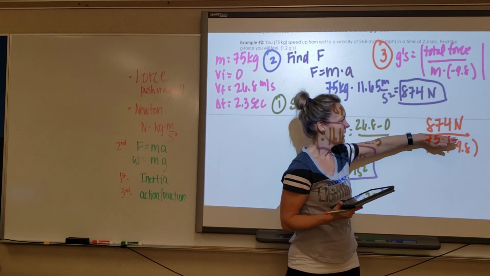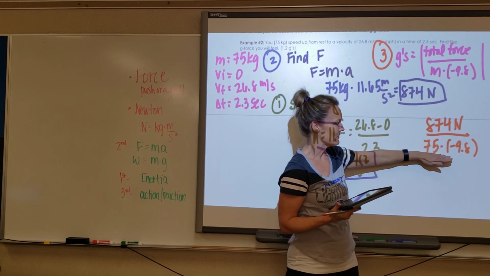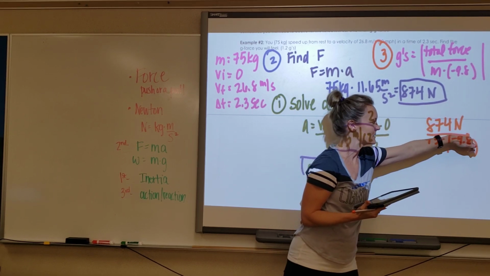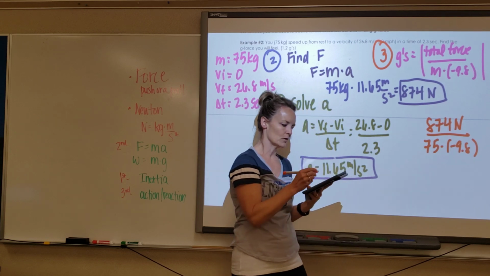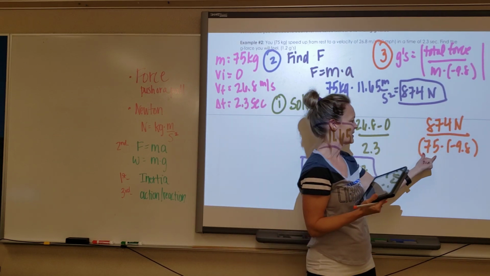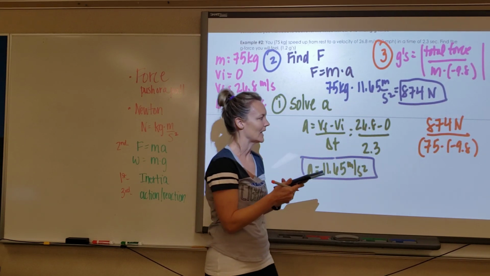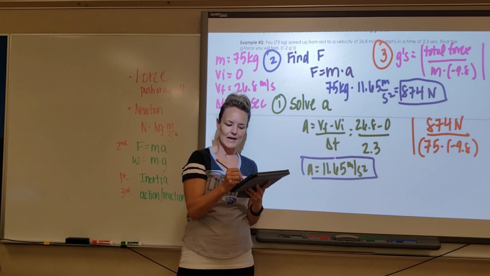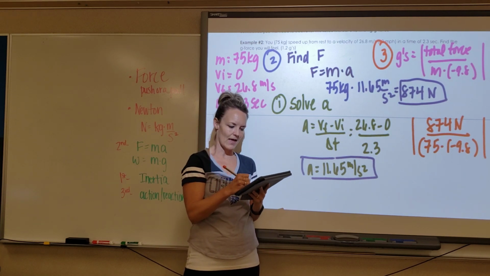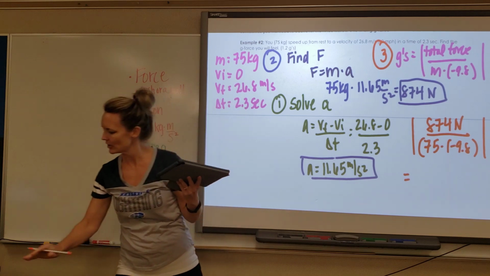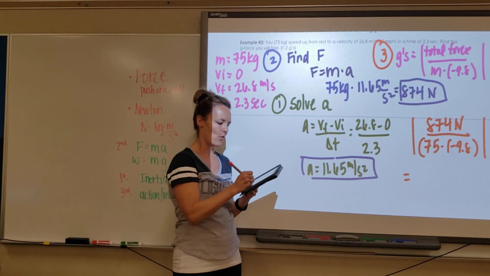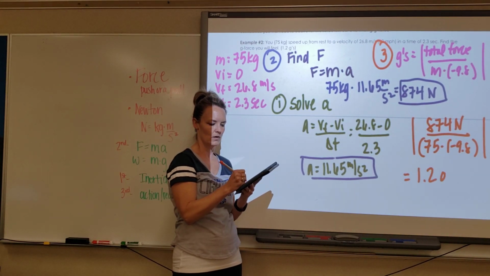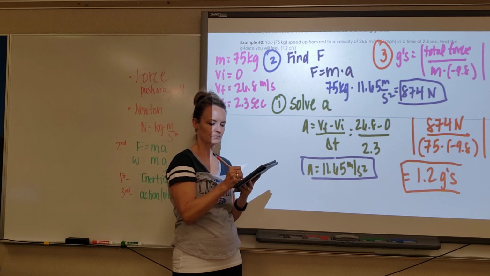Type this in. You take 874 divided by, in parentheses in your calculator, you need to put the parentheses around the 75 times negative 9.8. We will take an absolute value for that, so my final answer for my g's is about 1.2 g's.